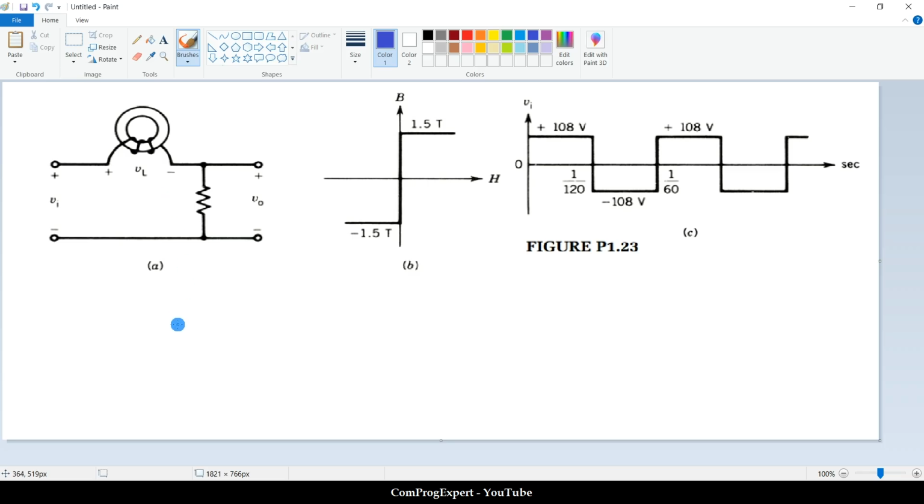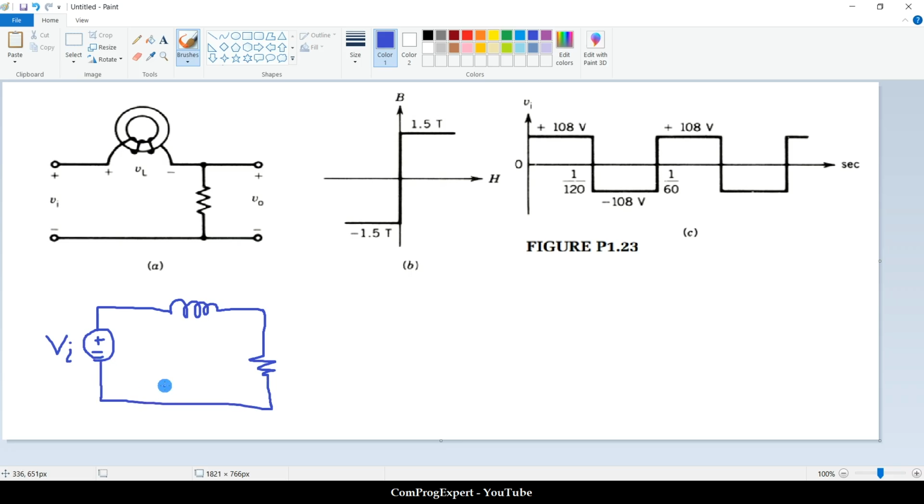What is the simple version? I am going to consider input voltage Vi here and one inductor here and a resistor.